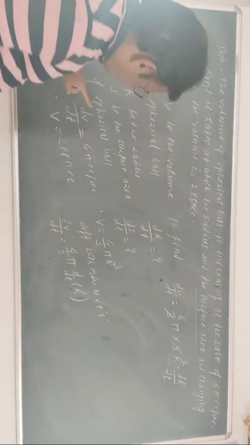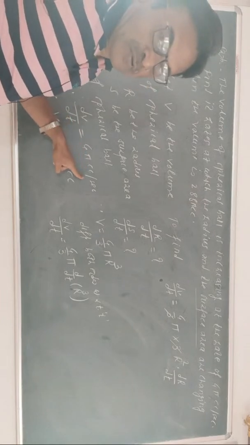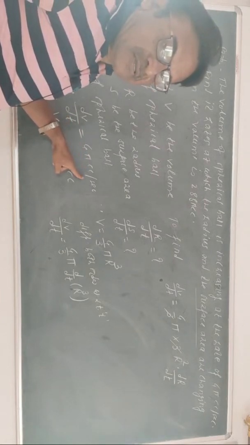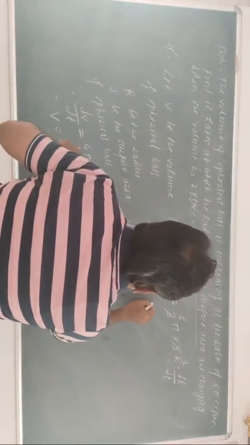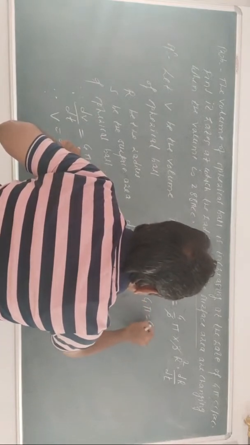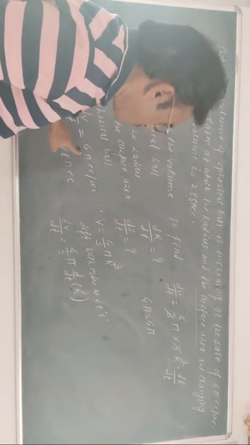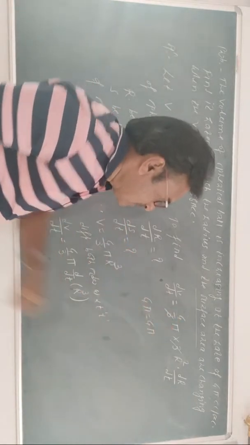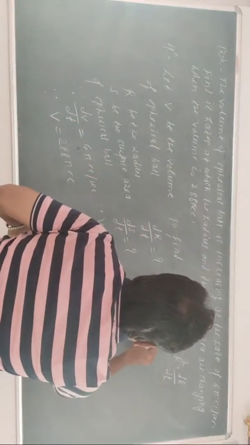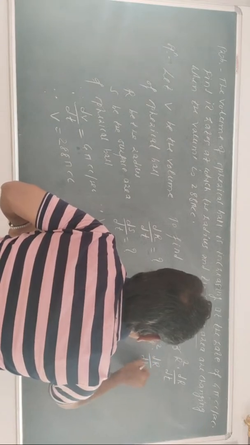See here, dV by dt is equal to 4 pi cc per second. So we write here 4 pi, which is equal to dV by dt, and dV by dt is given, that is 4 pi. Here 3 gets cancelled, then remaining 4 pi r square into dr by dt as it is.